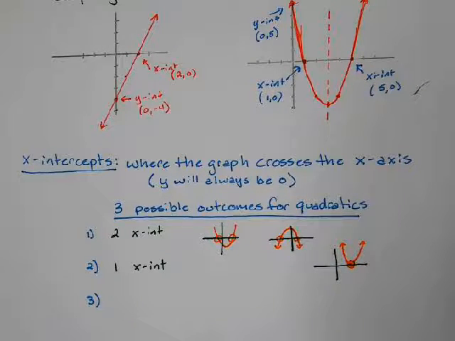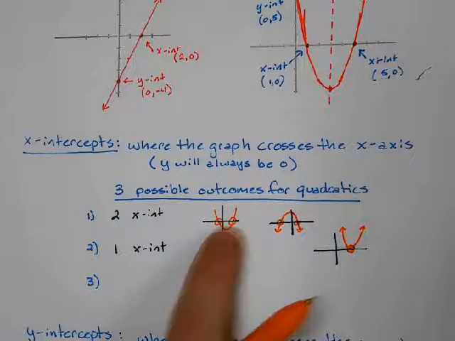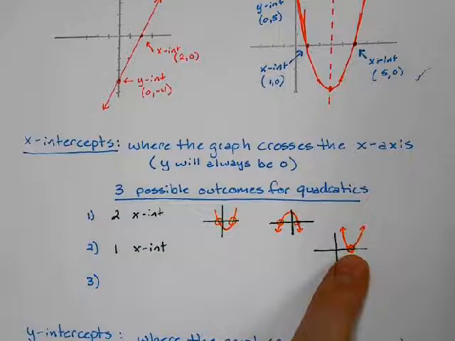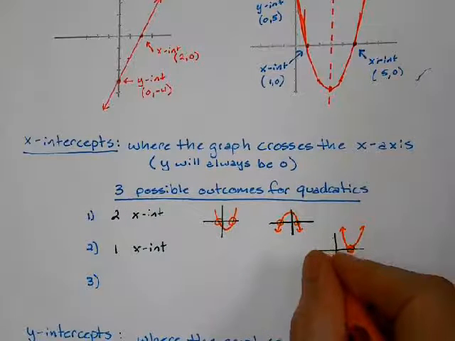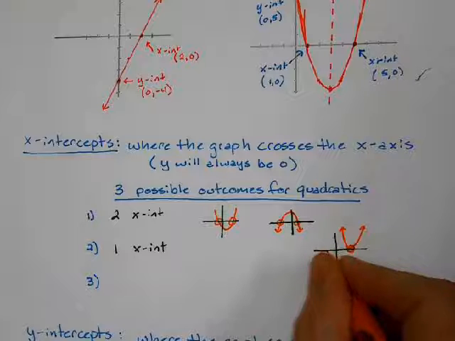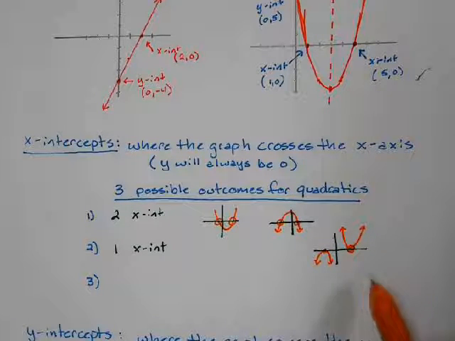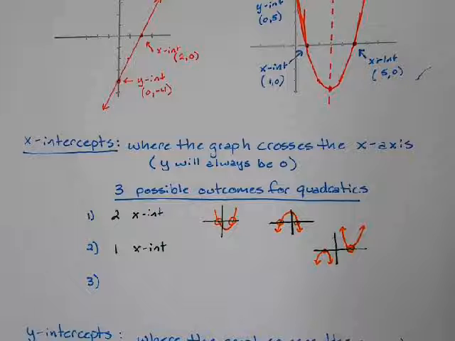So that's possible. So I could get 2 x-intercepts, like these, or I could just get 1. So I could have a graph facing up, or I could get another graph facing down. If the vertex is on the x-axis, then we would only get 1 x-intercept. So just 1.